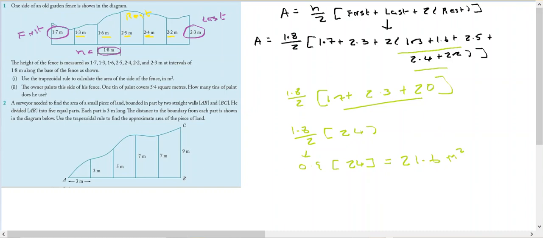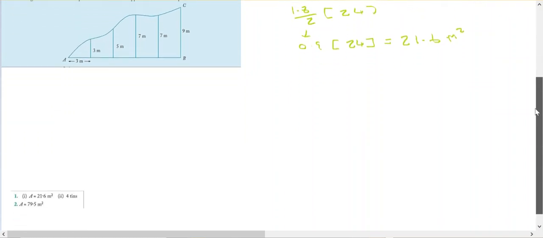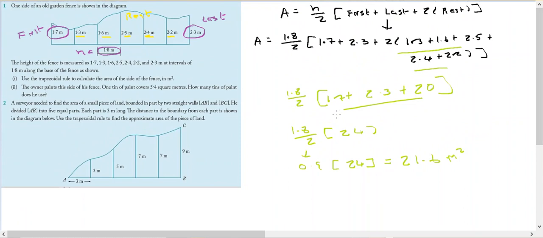Again, we'll double check that before we continue on. It's always good habit to check your answers as you're going along. So it's 21.6 meters squared. Okay, that one's fine. That's the area covered by this fence.